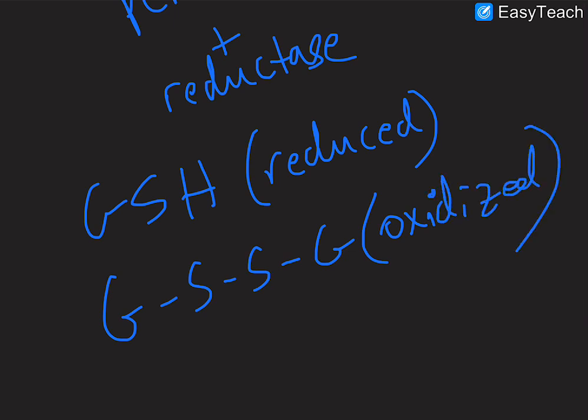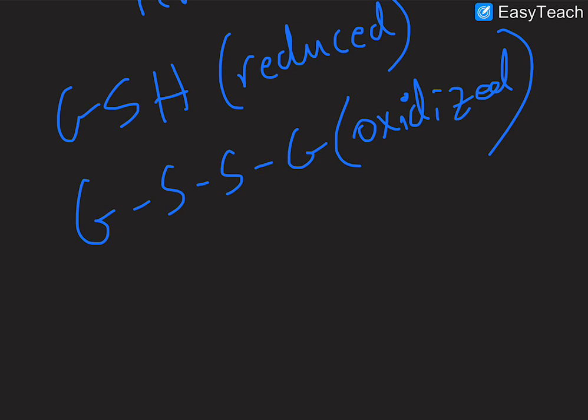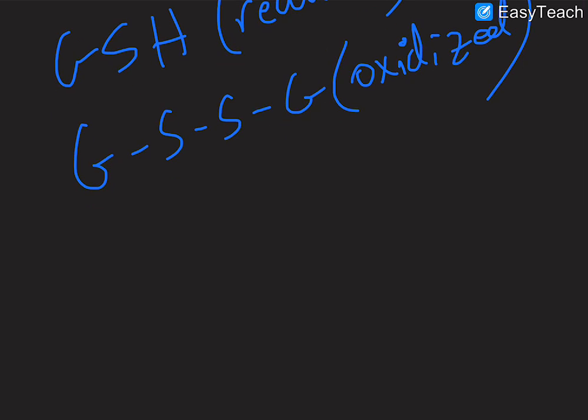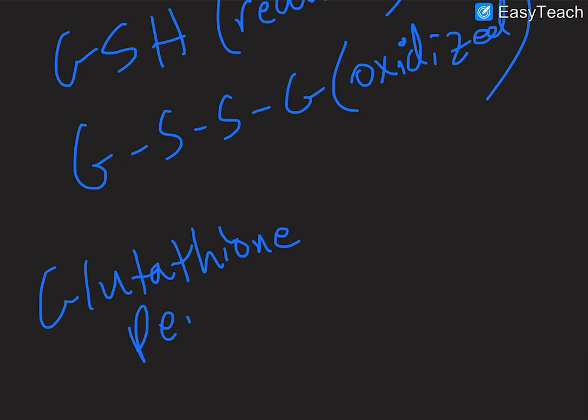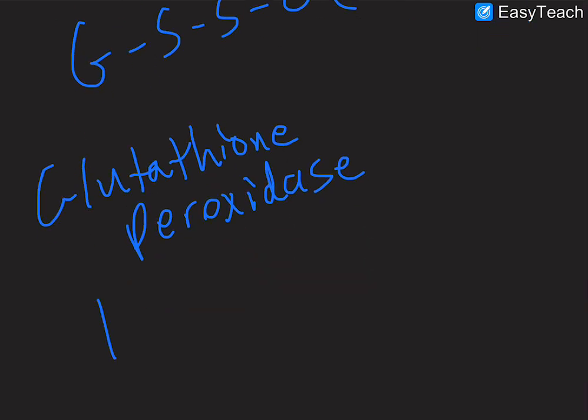The reason this is important is that glutathione peroxidase has perox in the name of the enzyme, so we know it's going to work on peroxides. It takes hydrogen peroxide and converts it to water.